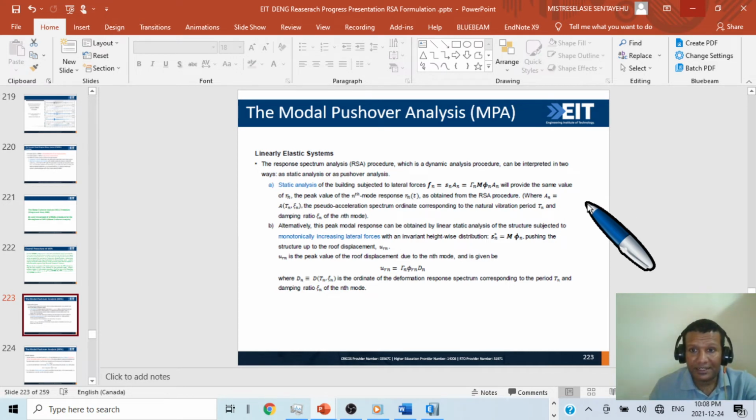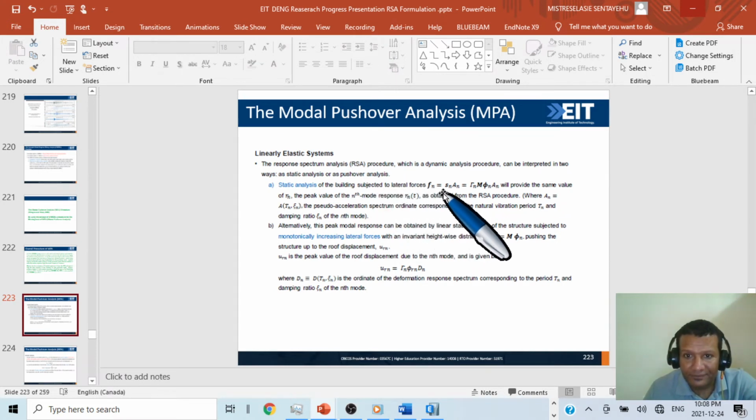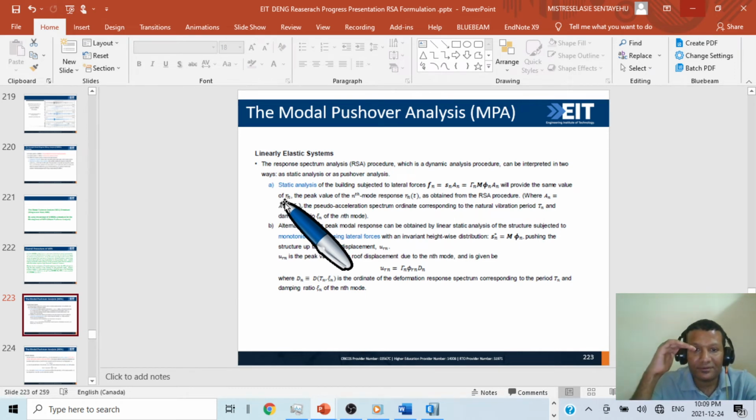Because we are using static analysis of the building subject to lateral force Fn, Sn times An, which is equal to modal participation factor, mass matrix times Vn times An, will provide the same value of Rn for that particular mode.